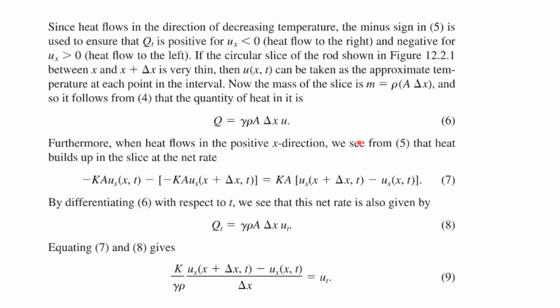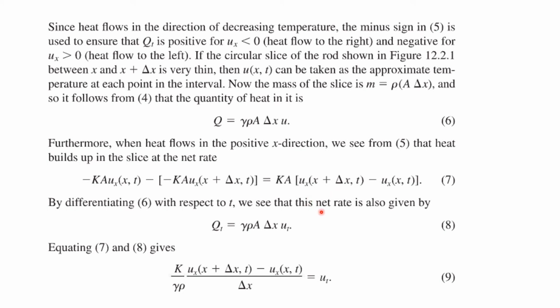We'll refer to that later. Moreover, when heat flows in the positive x direction, the heat builds up in the slice at rate of, and we're just taking the difference between the two, and we're doing algebra to get this expression. Now notice that this is starting to look like a difference quotient, but this is u_x, so that's already a first derivative, but this is x plus delta x minus x, so you see that's setting up to be a derivative when we take a limit, and that's going to end up being the second derivative in a bit.